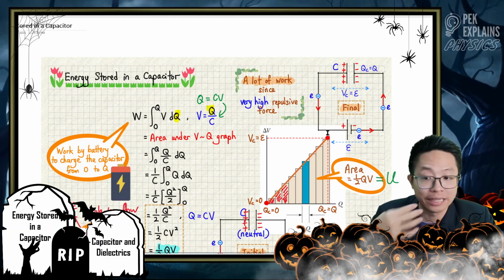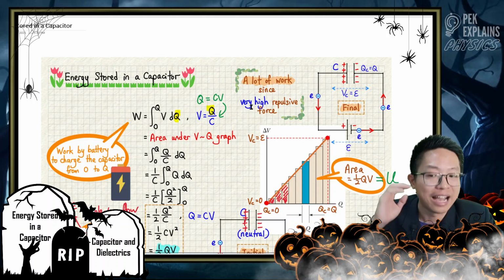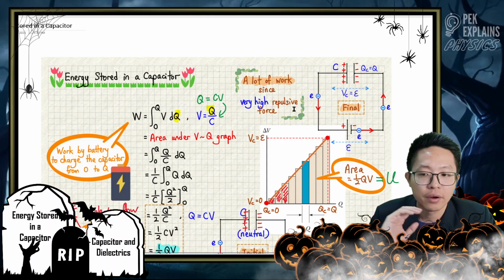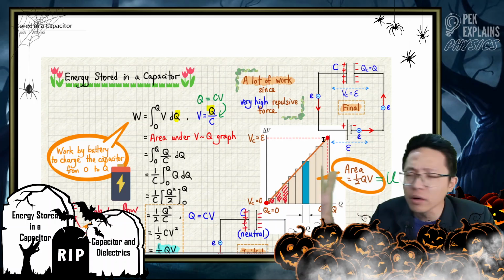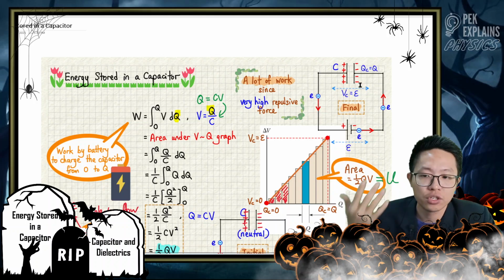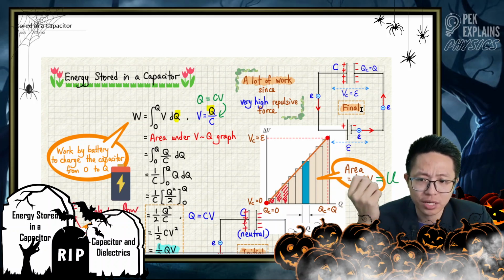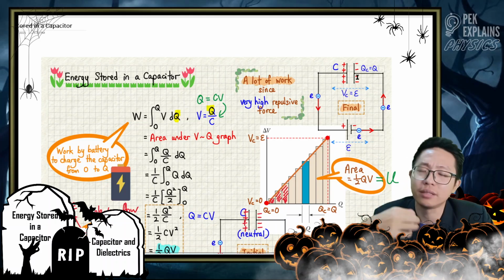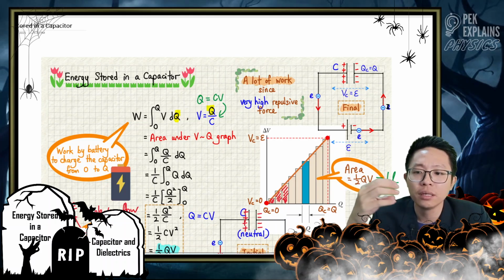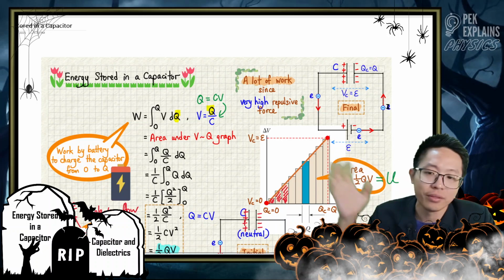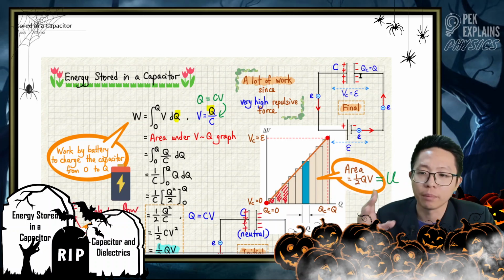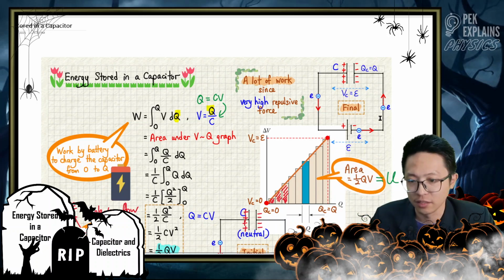The last electron encounters very high repulsive force from all the previous electrons gathered at the negative plate.